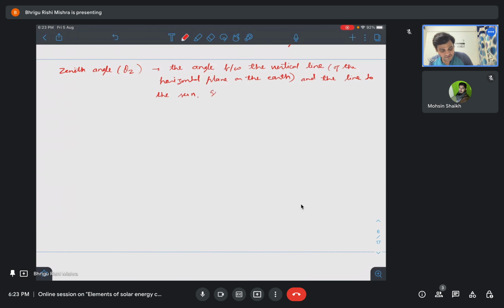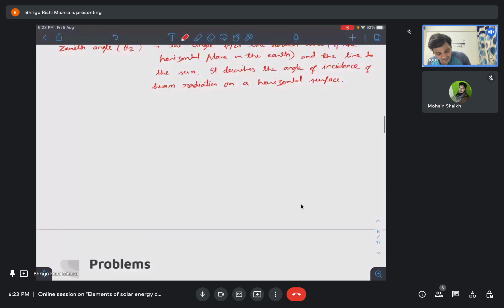It describes the angle of incidence of beam radiation on a horizontal surface.